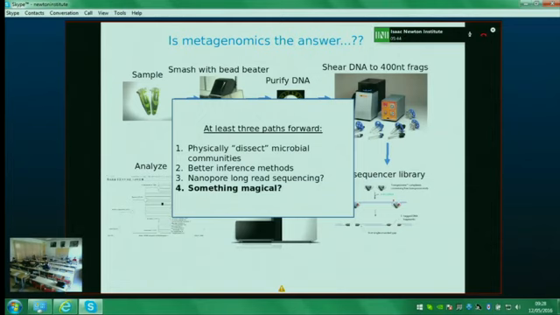But the way metagenomics is currently practiced makes this really hard for us. And the problem is that early on in the sample processing, we're destroying some of the most valuable information in these microbial communities. What we do is we take the sample and we smash it, we pulverize it with a bead beater, basically destroying the cells, and that lets us get the DNA out of the cells, but then we shear the DNA again down into tiny little fragments that can go into our next-gen sequencing instrument.